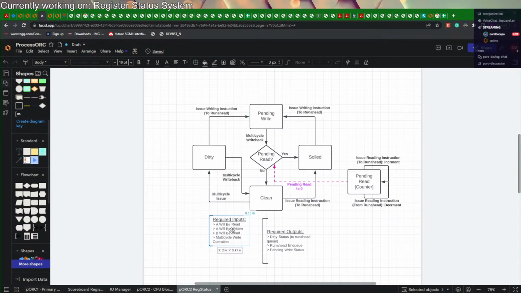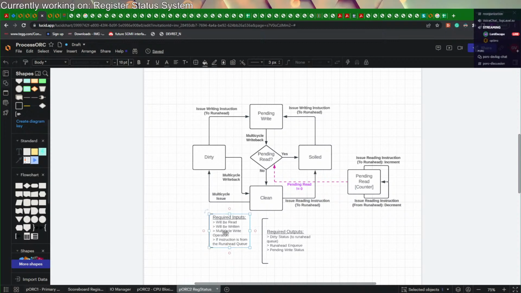All we need to do is say, if instructions are from the run ahead, so we can actually do this decrement. Oh no, A and B, they're the same thing, because this is just worried about a single register. We don't care whether it's A or B. All we care is if it will be written or will be read.